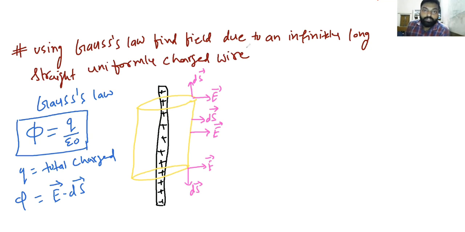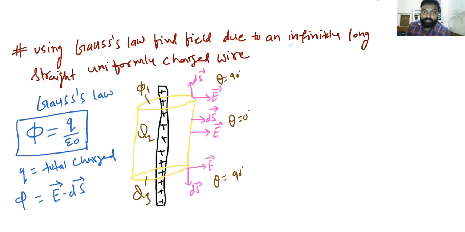So here theta equals 90 degree, here theta equals 0 degree, and here theta equals 90 degree. This one is called phi 1, this is phi 2, and this is phi 3. So E dot dS, here cos 90.